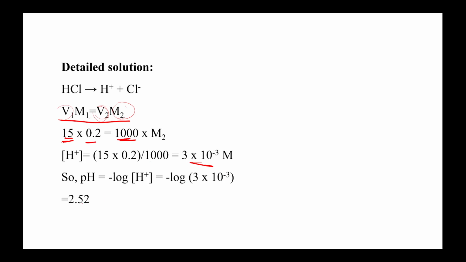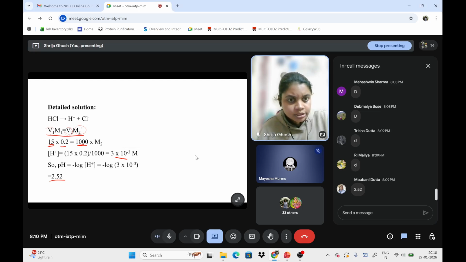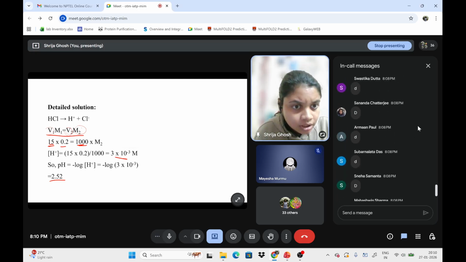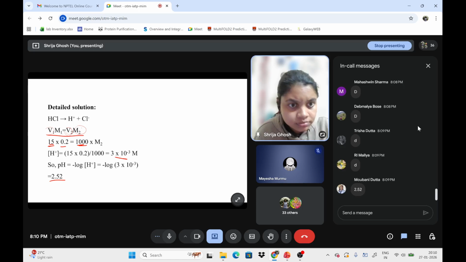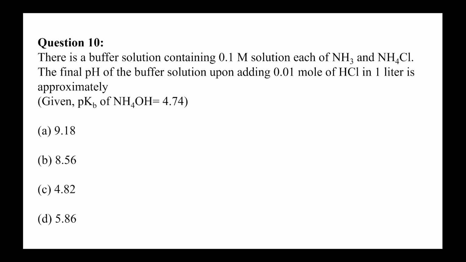So 3 minus something you might have got, which will give you 2.52. Okay. Clear to everybody? Most of you have written 2.52 as the correct answer. So I think this is straightforward if we have already solved such questions. Okay. Moving to the next question.